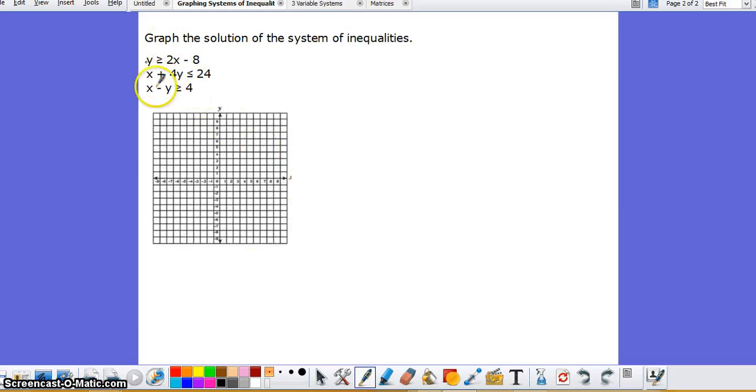Alright, so sometimes you have 3, and some of them you have to solve for y. The first one is already good for us: y is greater than or equal to 2x minus 8. Then we have x plus 4y is less than or equal to 24.